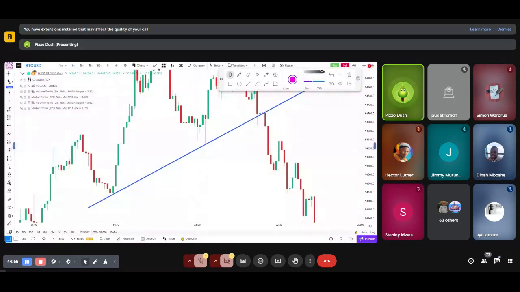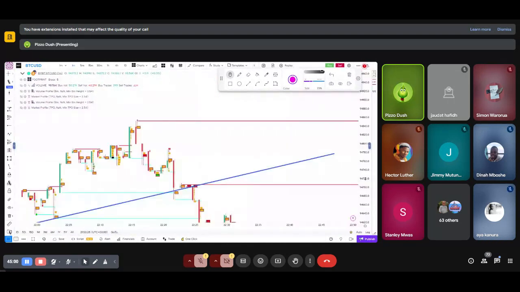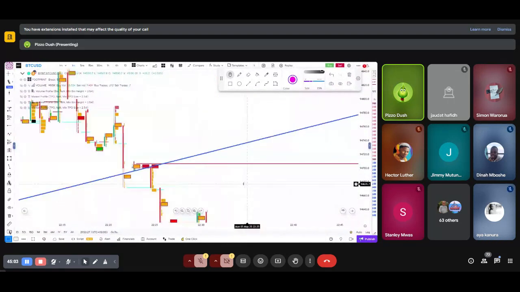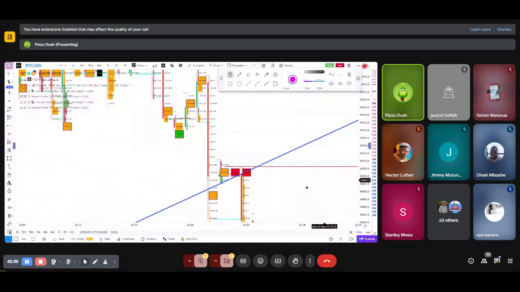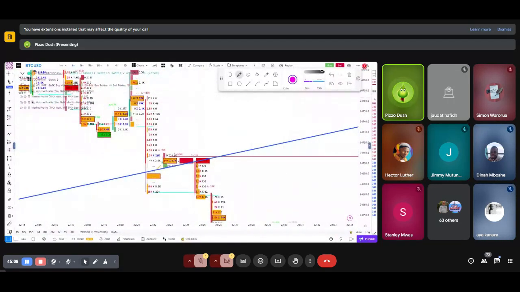So in case we zoom in on the footprint charts, let's see. What can we see? First, the candlestick that touched this zone, this one, has negative 410,000 sellers.